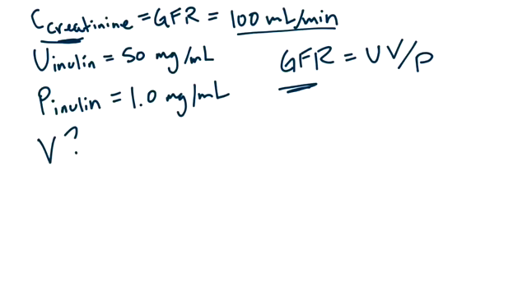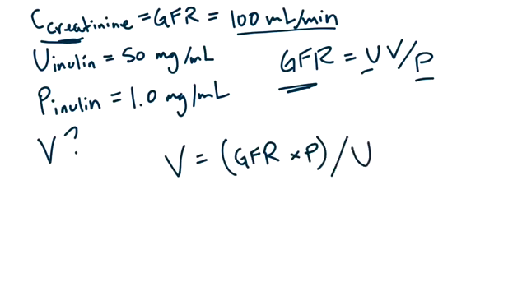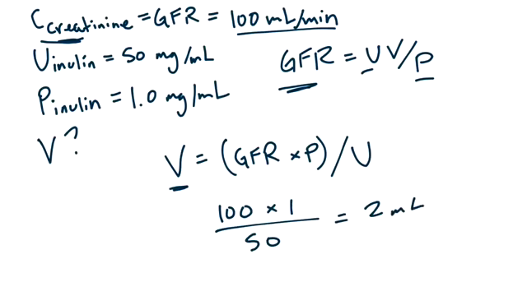We also know the variables U and P, so we can rearrange the equation like this to solve for the urinary flow rate. Plugging these numbers in, we get 100 times 1 over 50, which equals 2 milliliters per minute.